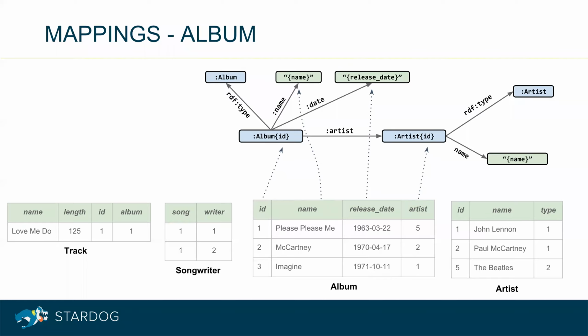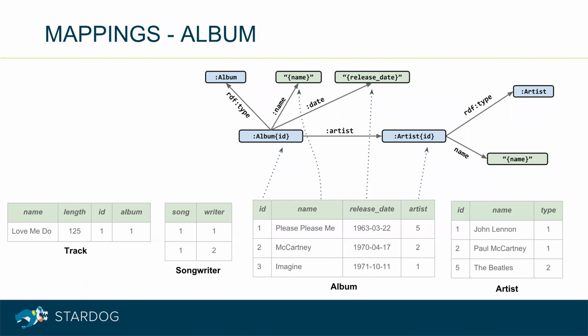So we mapped the album table in a similar way, with one node representing the album instance. Then the name and the release date columns are mapped to literals. And then there's the foreign key here, the artist column, which will naturally be turned into a link in the RDF graph.